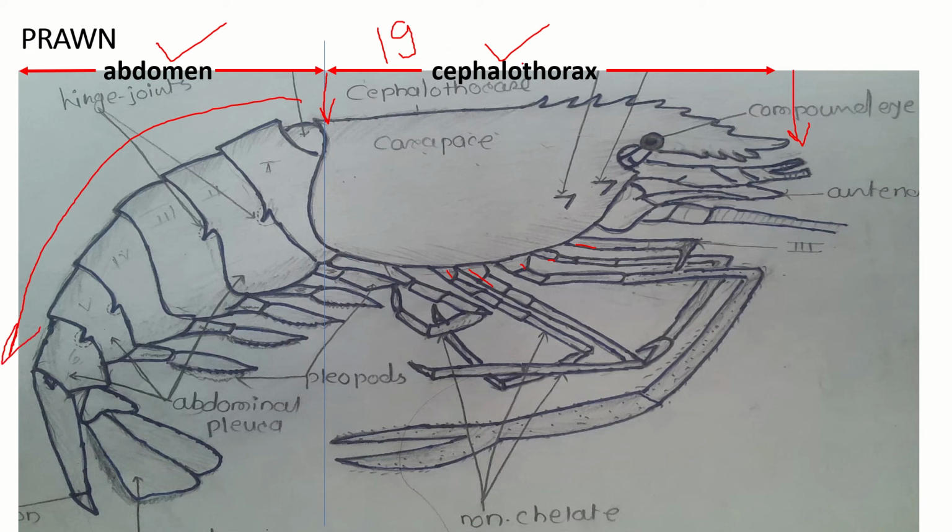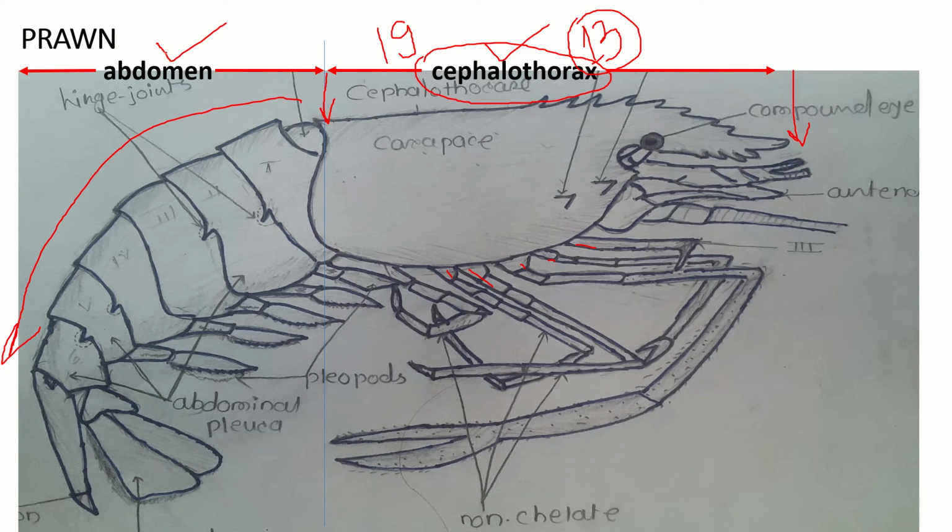The cephalothorax region comprises 13 segments out of the 19. It is a combination of the head and thorax regions. The head region comprises 5 segments and the thorax region has 8 segments, totaling 13 segments in the cephalothorax region.